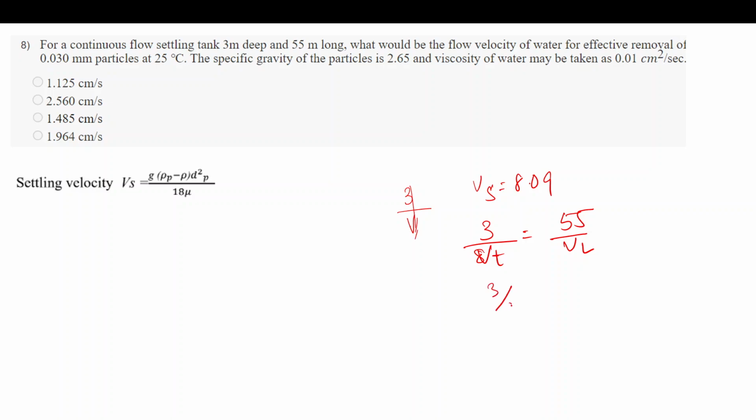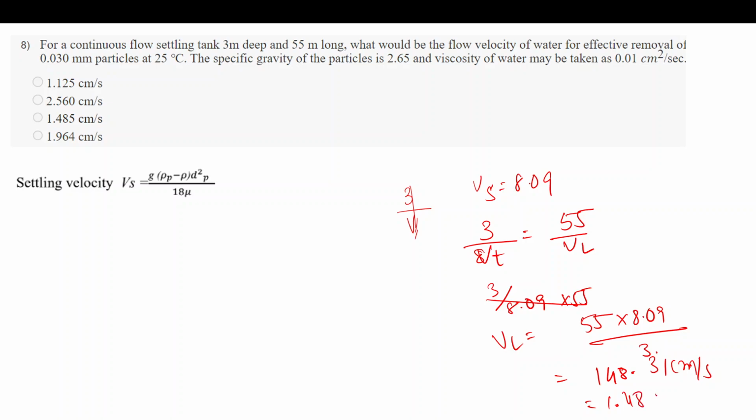So VL will be 55 into 8.09 by 3, which is 148.31 centimeter per second, and that will be 1.48 meter per second.